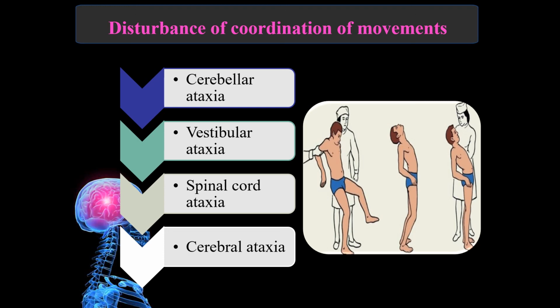Cerebellar, cerebral, spinal, and vestibular types of ataxia are distinguished. And in cerebellar ataxia, some characteristic symptoms are observed. For example, atonia, loss of the muscle ability to contract effectively. Then asthenia, fast muscle fatigue.